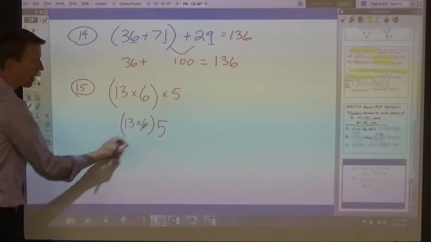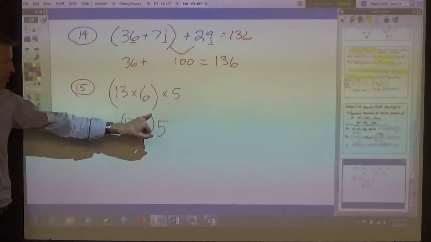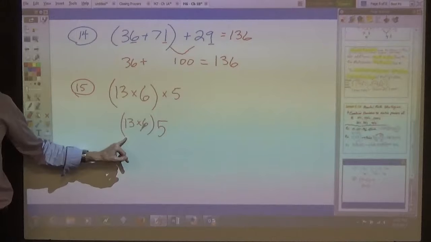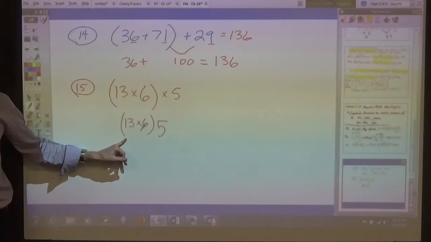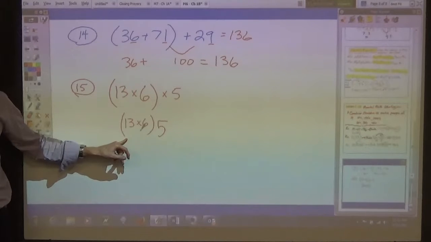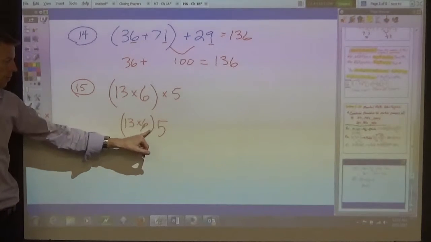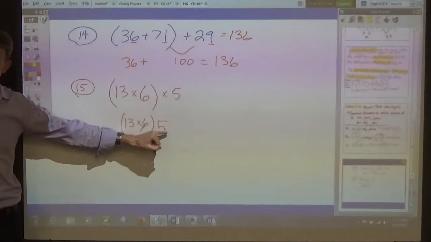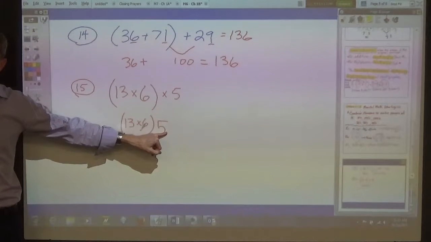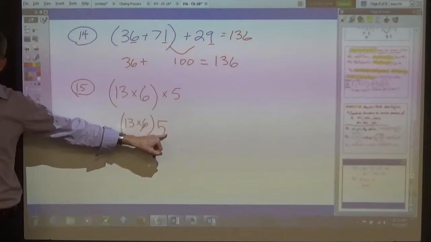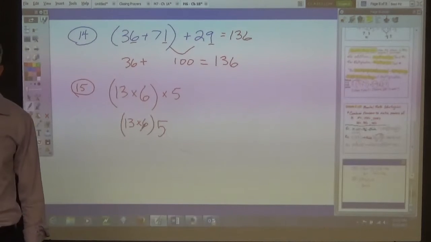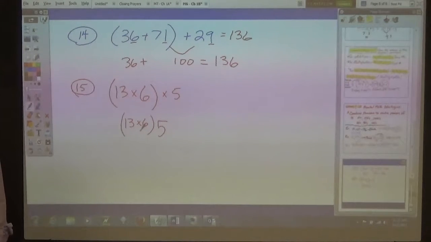And just put them right next to the parentheses. Because parentheses mean multiply. Okay? So if you see a number in parentheses and a number right outside the parentheses, that tells you to multiply. Okay? Is it okay if we just do times 5?